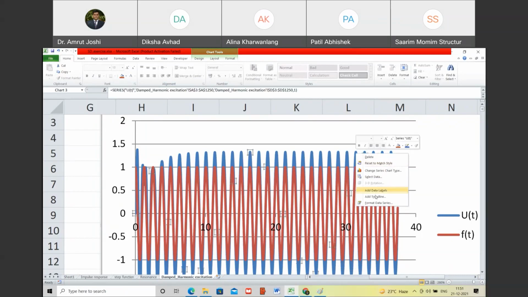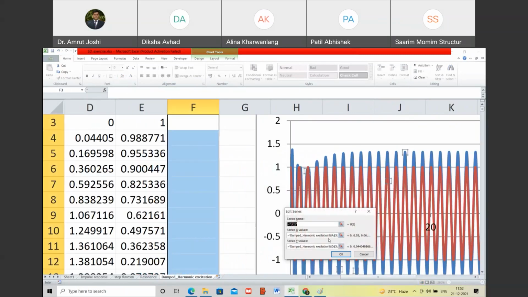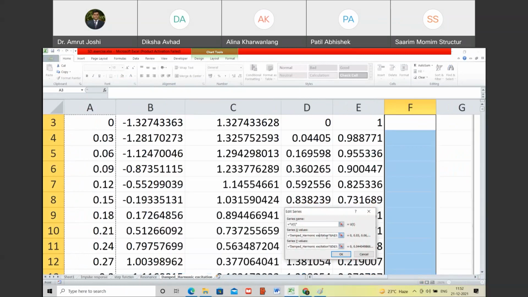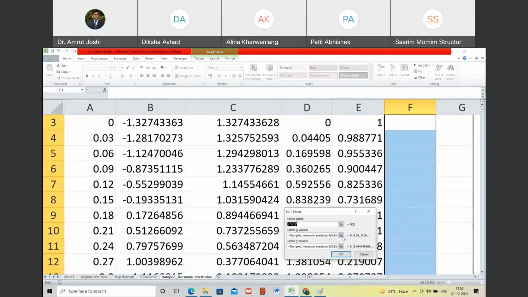So select data, edit. Instead of plotting it from 3, let me plot it from 1000.